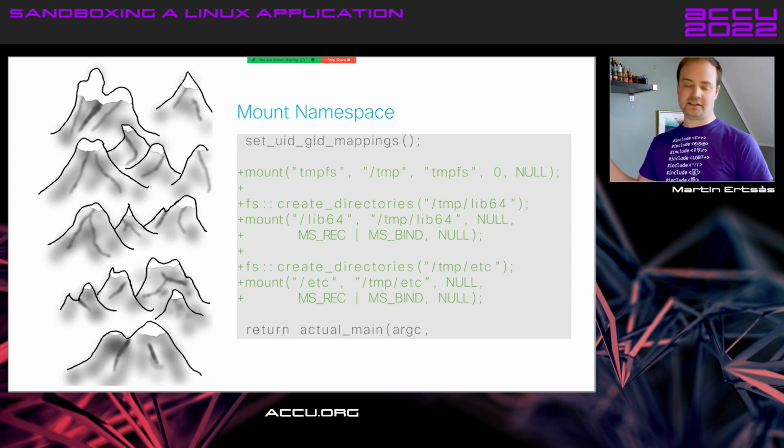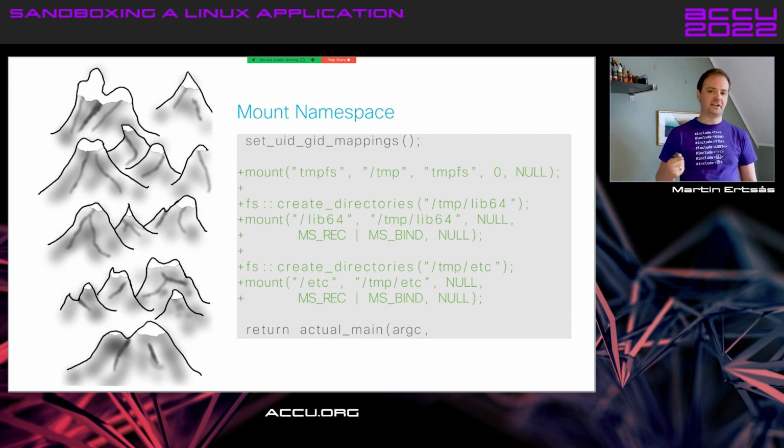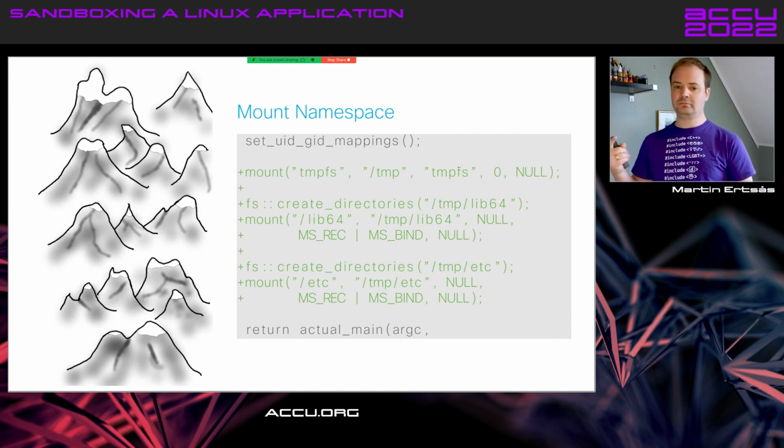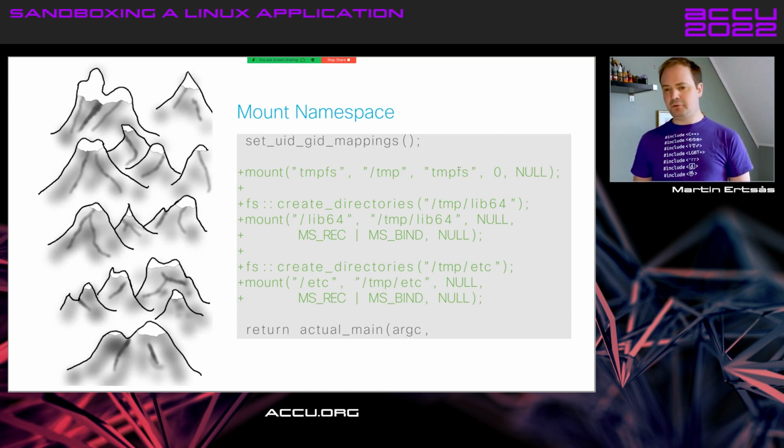No one else can see this. The reason for using /tmp to do this is, one, there's probably nothing in /tmp I need to carry over to my new root file system. And I'm pretty sure that /tmp will exist.